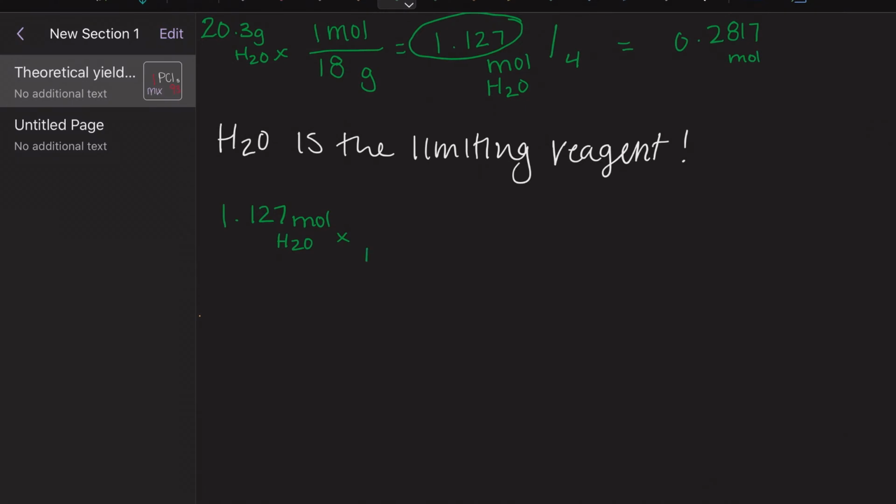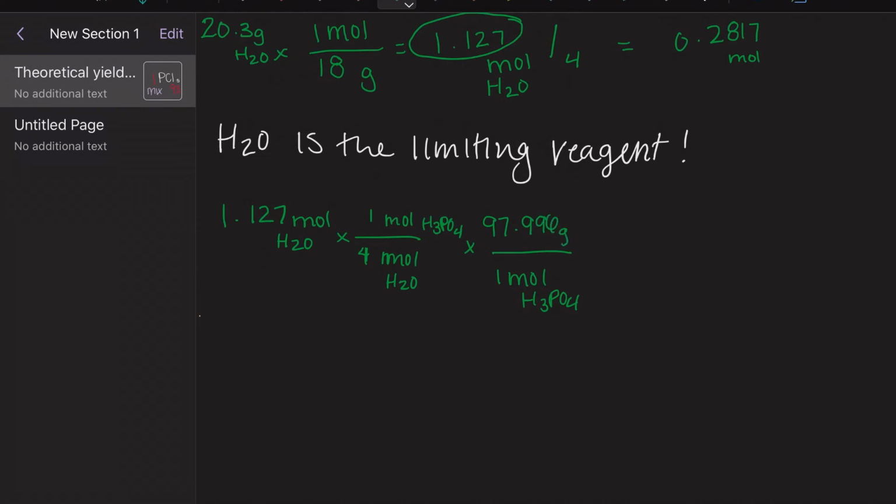4 moles of H2O should give us 1 mole of H3PO4. And then we can change our moles of H3PO4 straight into grams using this type of conversion, as long as we know that 1 mole of H3PO4 is 97.996 grams.